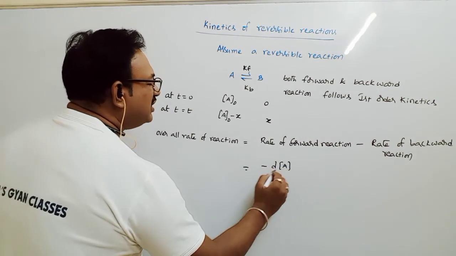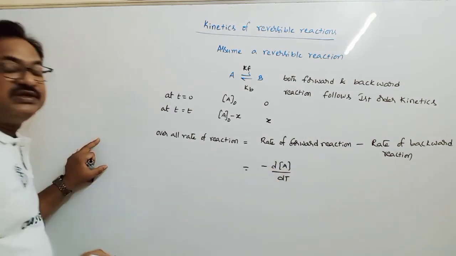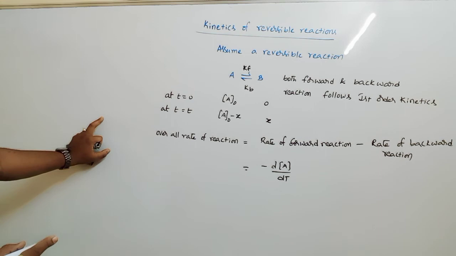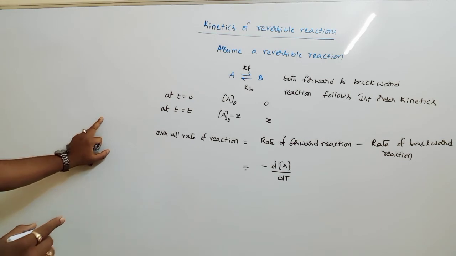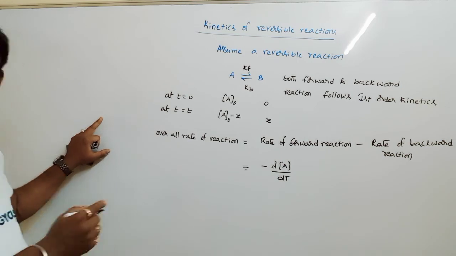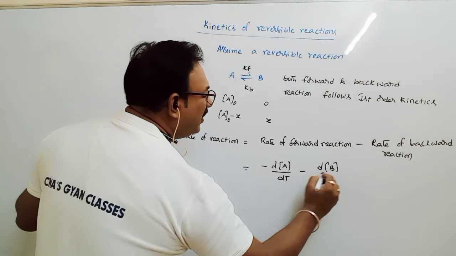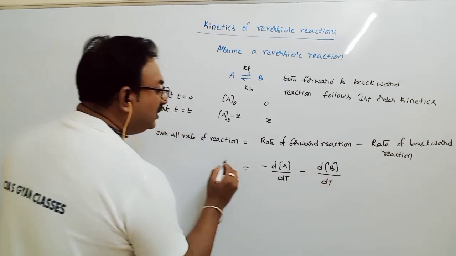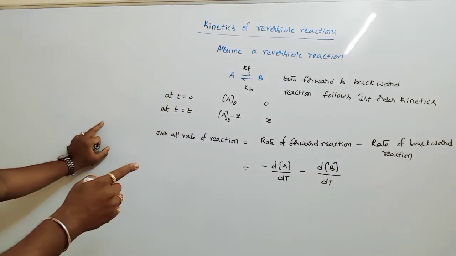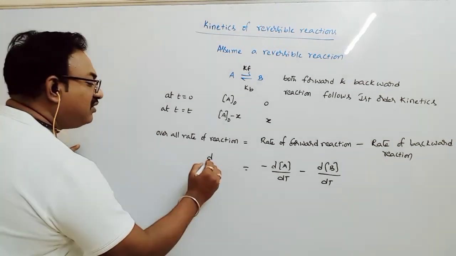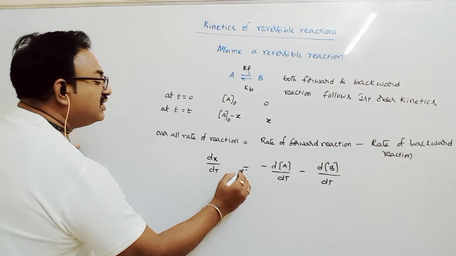In the forward direction we can write it as minus d concentration of A by dt, minus d concentration of B by dt. Forward rate minus backward rate will be equal to dx by dt.